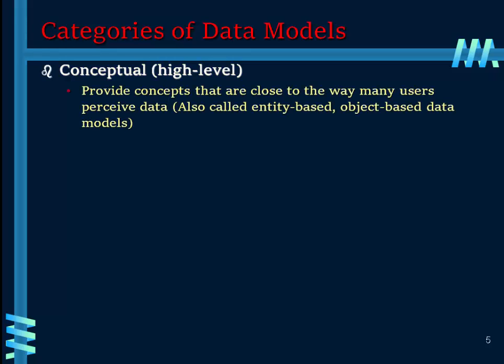So first one is a conceptual or a high level data model. This conceptual or high level data model provides the concepts that are close to the way many users perceive the data. That means a conceptual data model describes the database at a very high level, okay, and it is useful to understand the needs and requirements of the database.